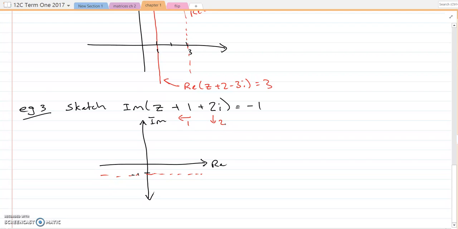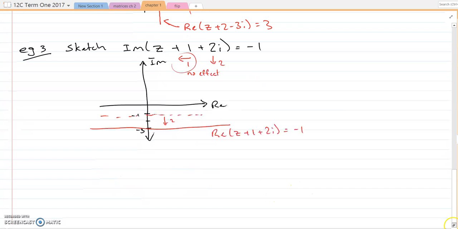That one, yes, no effect. So all we do is shift it down 2, 1, 2 to minus 3. So we go down 2, and this is our line, real z plus 1 plus 2i equals minus 1.